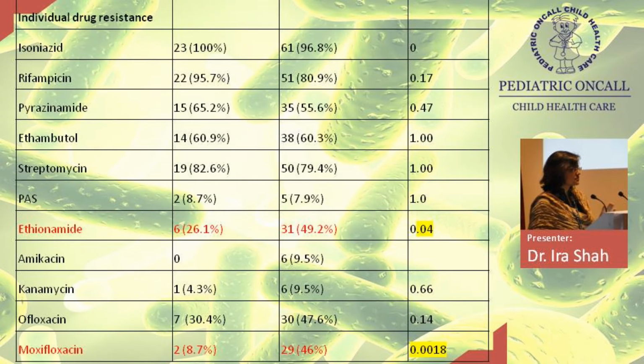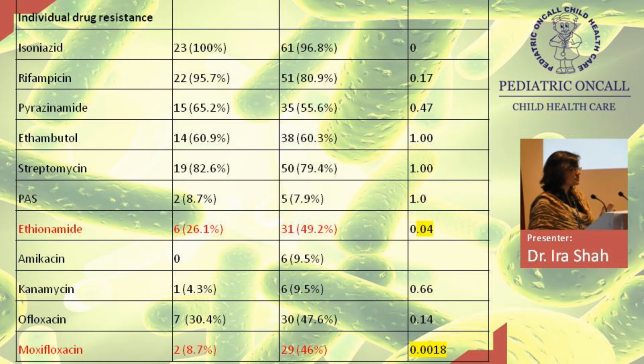And if you see individual drug-wise resistance pattern, in the initial 3 years, INH 100% remained the same, 96%. Rifampicin 95, 80%. So if you have rifampicin resistance, you have to assume INH is resistant. That's MDR. Pyrazinamide remained the same, ethambutol remained the same, streptomycin remained the same.